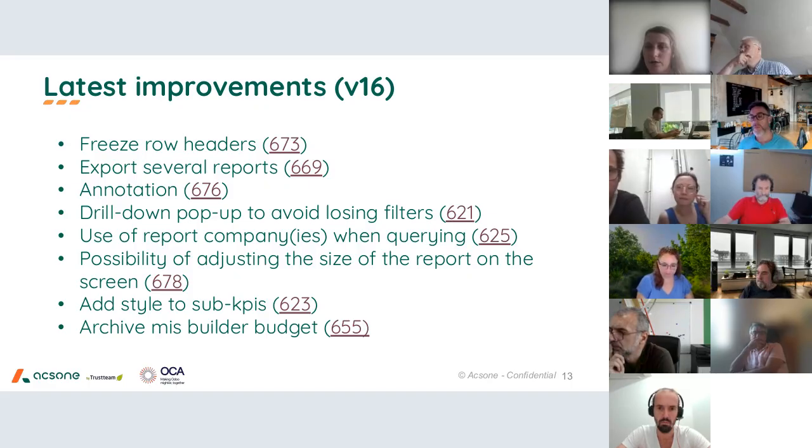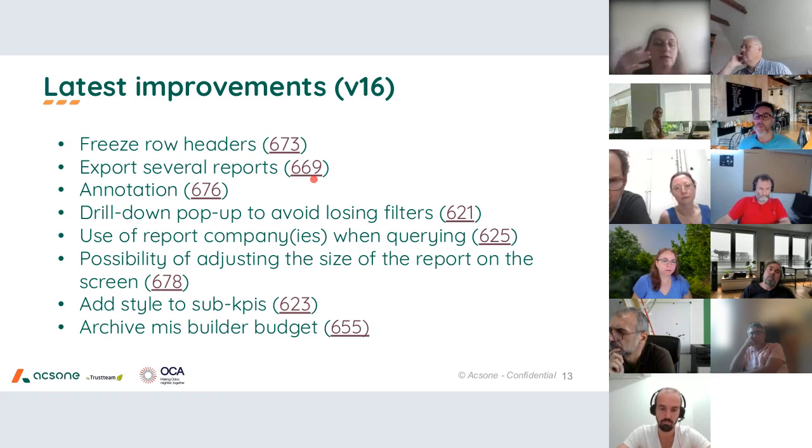I will show you after this slide how to make annotations, but it's very useful to give information, for example if an amount is abnormal. The annotation is on the report in Odoo, but also in the PDF and the Excel export.